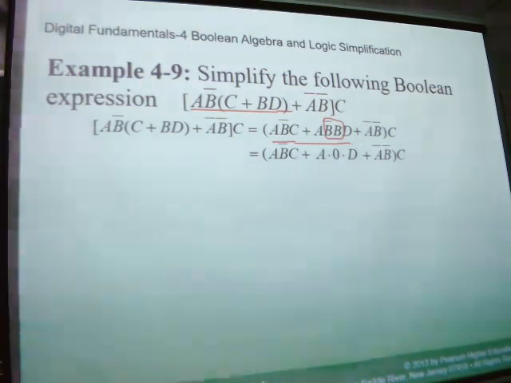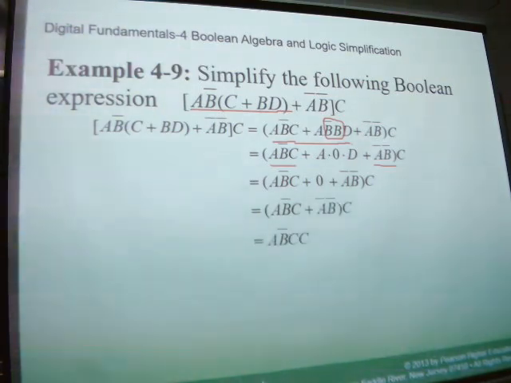Then we find the two terms have common factor, B bar. So we can write AB bar C plus A bar B bar equals what?